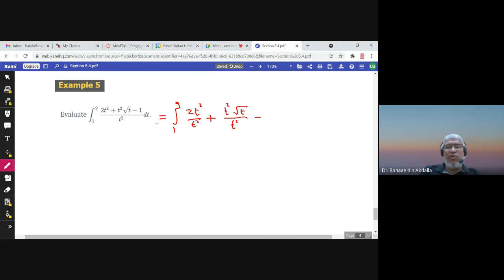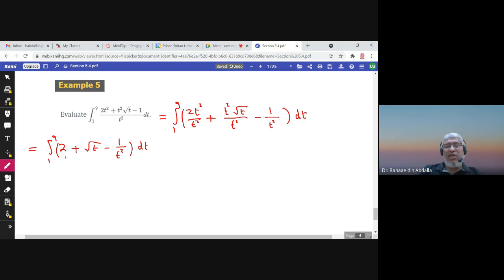So I can distribute the numerator over the denominator, minus 1 over t square, dt, from 1 to 9. Now t square cancels with t square. I will have 2, plus t square cancels with t square, I will have square root of t, minus 1 over t square, dt.